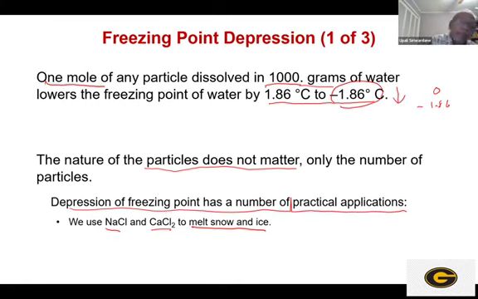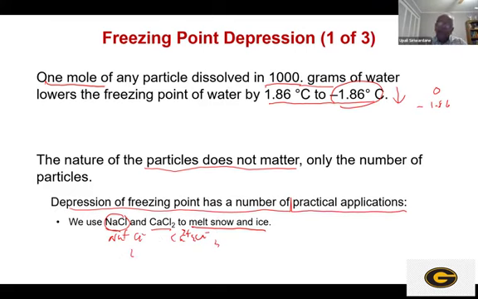Which one is better? Sodium chloride has 2 particles, sodium ion and chloride ion. Calcium chloride has a 2 plus ion and 2 chloride ions. Therefore, this has 3 particles, this has 2 particles.